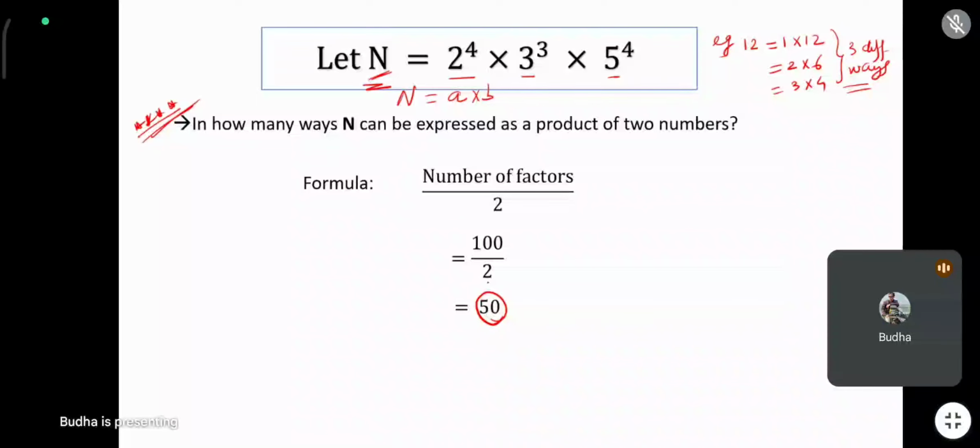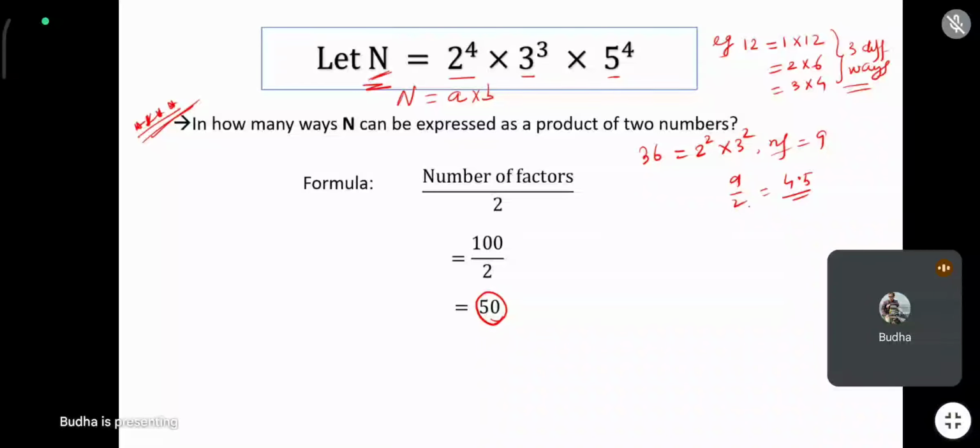What if I have something like this? अगर मेरे पास number 36 है, 36 is 2 square into 3 square, so the number of factors would be 9. 3 into 3, तो can I say 9 by 2? लेकिन 4.5 आएगा.